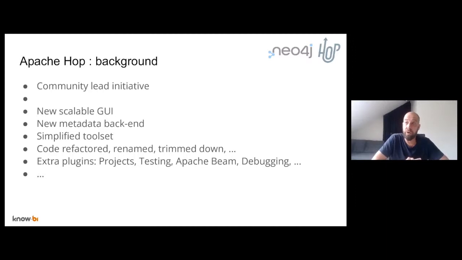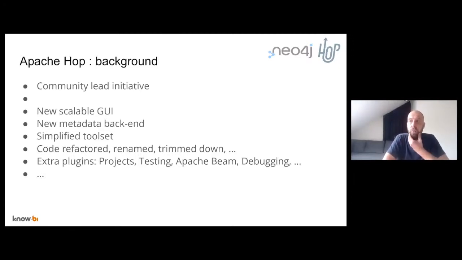Apache Hop is a community-led initiative. We started as a fork of Pentaho data integration over 2 years ago, and we built a community of developers that have been working, testing, trying everything in Hop since late 2019.